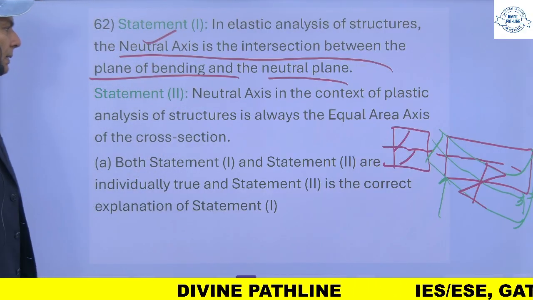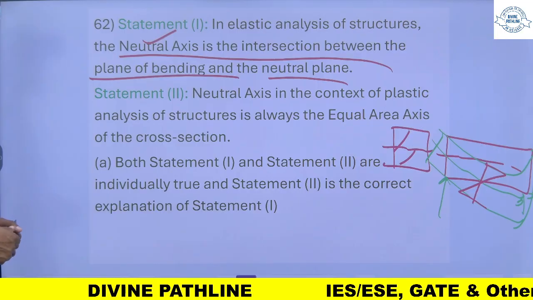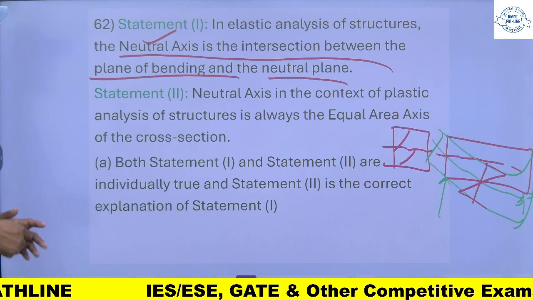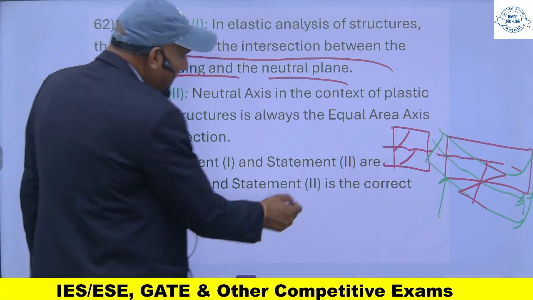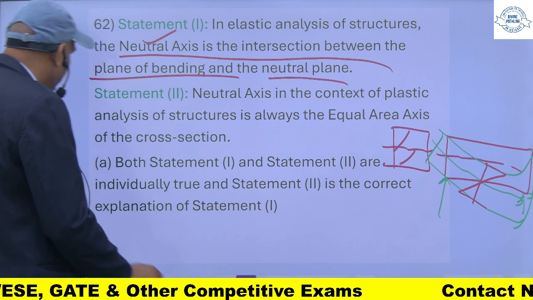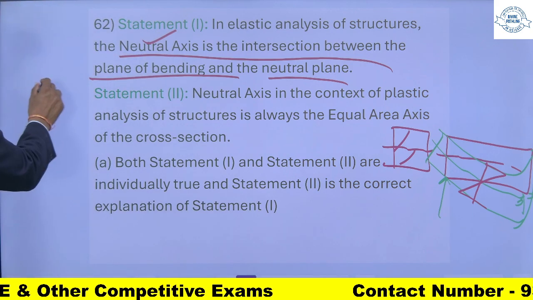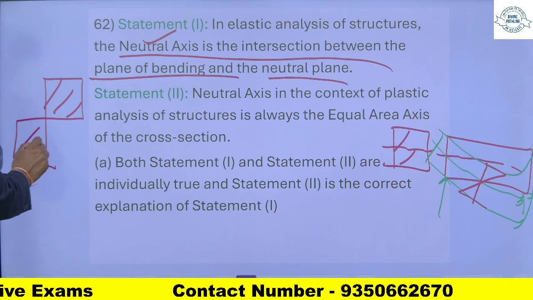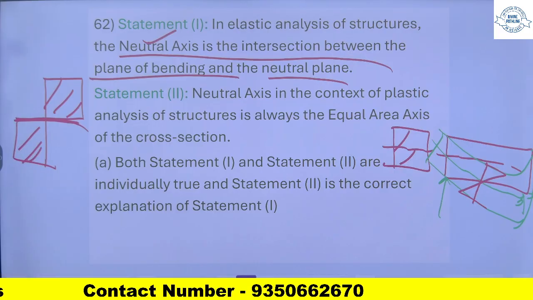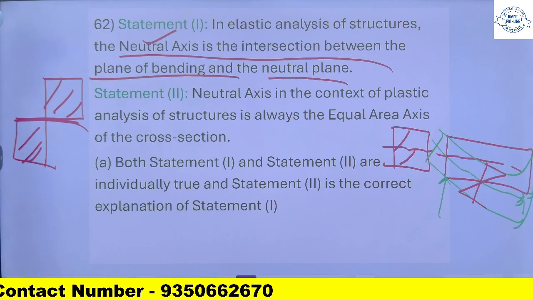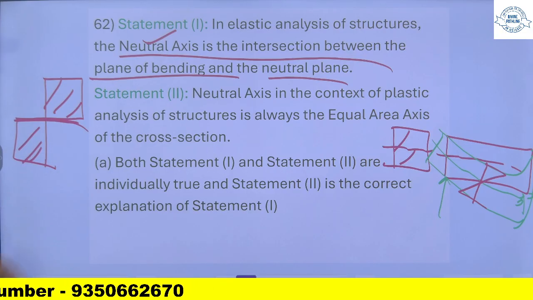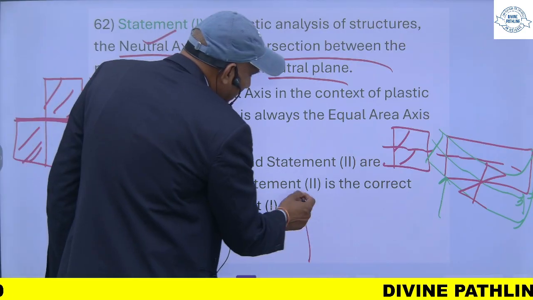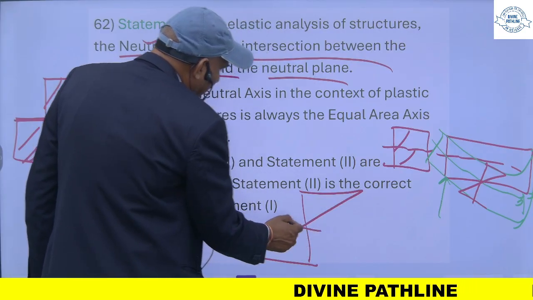The neutral axis in the context of plastic analysis of structures is always the equal area axis. Yes. In case of plastic analysis, which I will cover in the coming lectures, the stress diagram will be like this. So it will be the plane that divides the section into equal areas. In elastic analysis, it will be like this.